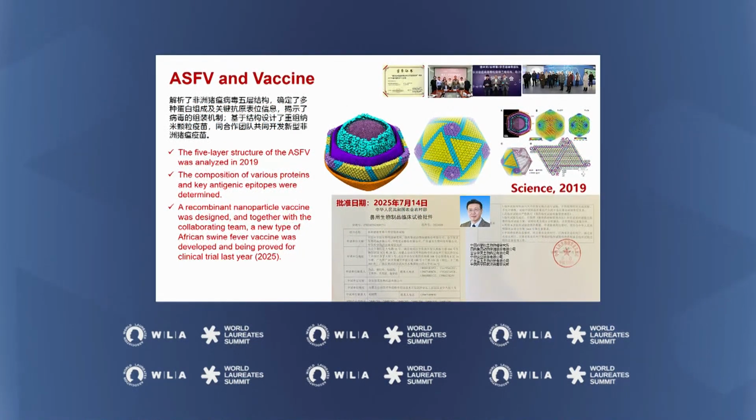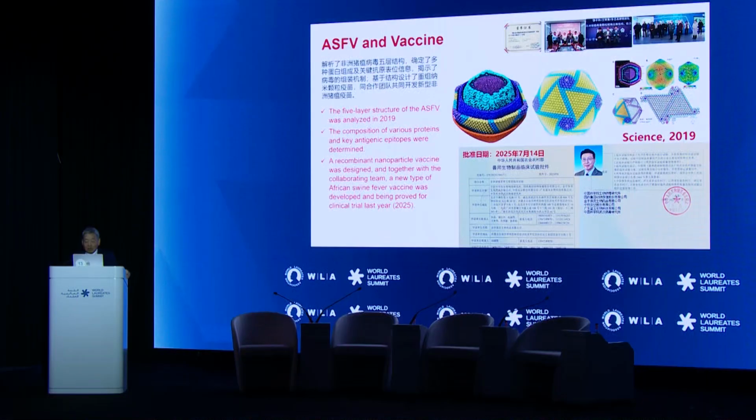At the 2019 WLS summit in Shanghai, I presented the structure of African swine fever virus. We revealed its 5-layer architecture, which is the largest virus particle solved so far.